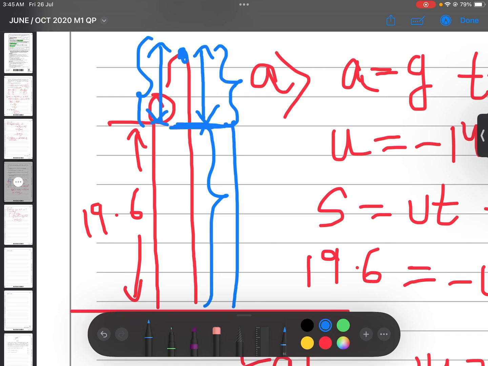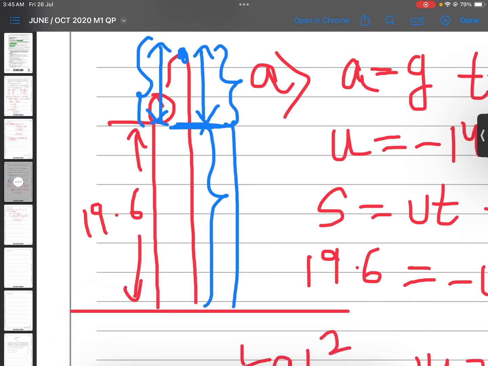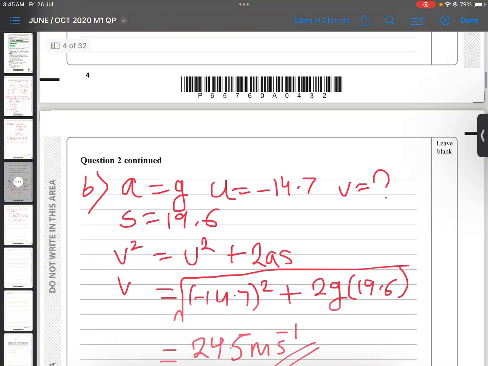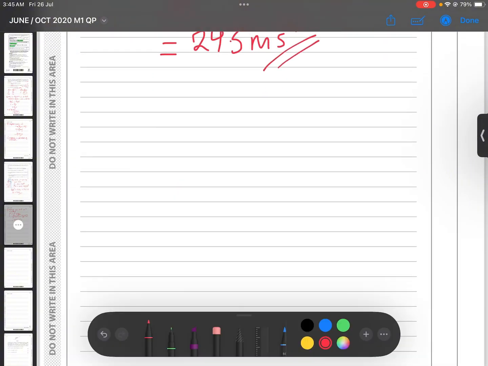So let's start with our calculation. Part C. I'll write it out to make it simpler. The ball travels up, reaches the highest point, falls back down directly to the ground, okay?